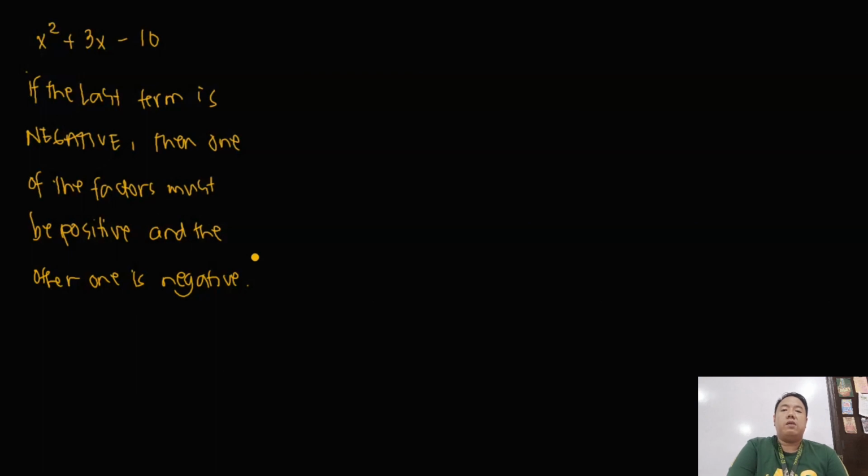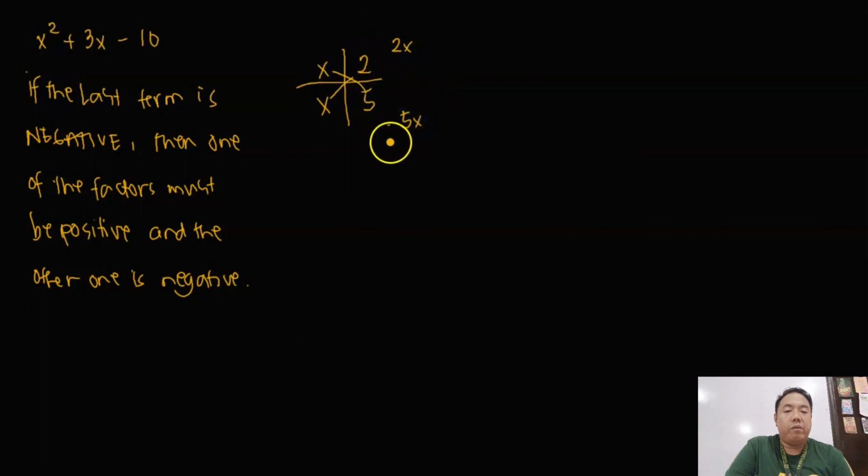So, paano po natin gagawin sa x squared plus 3x minus 10? So, another graph, x and x, factors of 10 will be 2 and 5. Cross multiply 2x, cross multiply 5x. So, paano po yan?